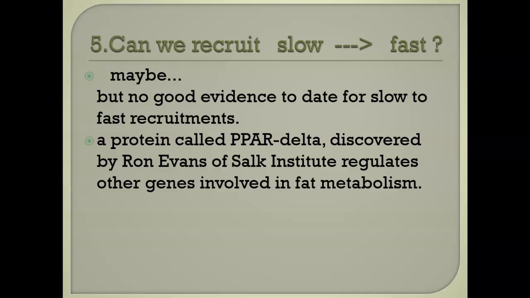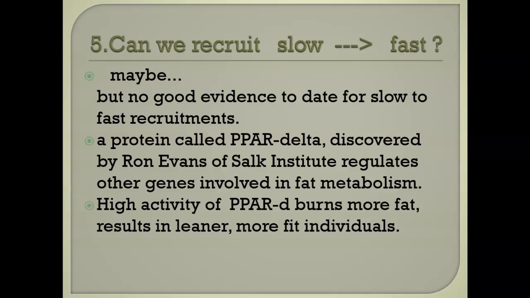Can you get a slow to become a fast? They really haven't looked at that too well. But there's this protein called PPAR delta, and you ought to look into it. It is pretty fascinating, and it's one of the genes that actually regulates fat metabolism. They've noticed that this allows you to burn more fat, so you get a leaner, more fit individual.